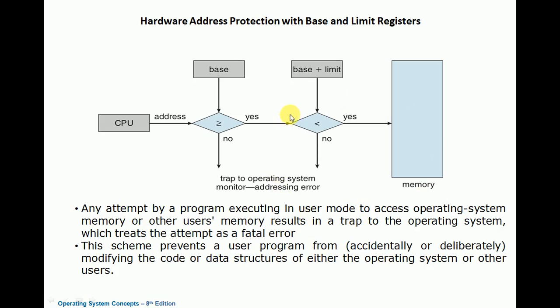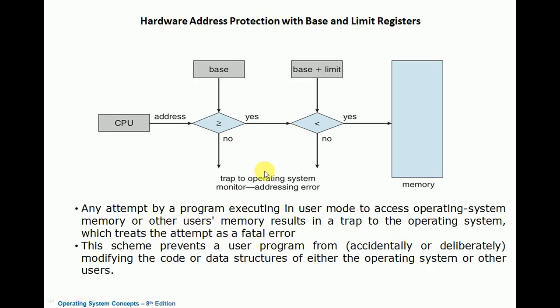To achieve this, hardware is supporting it. Any attempt by a program executing in user mode to access operating system memory or other users' memory results in a trap to the operating system, which treats the attempt as a fatal error.